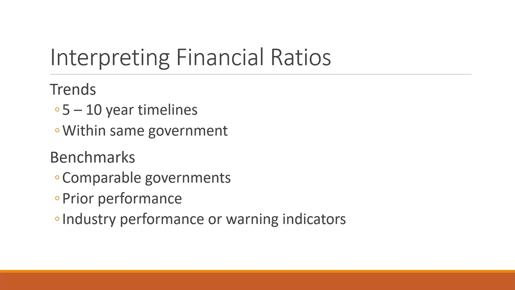What a benchmark is, again, this is just like when we do financial statement analysis for business accounting. We're looking at, one, what was our goal? What is the normal industry performance? So where do we see warning signs? Where do we see extreme fluctuations? How do we compare to our prior performance? And how do we compare to other governments that are like us, similar size, similar makeup of citizenship?